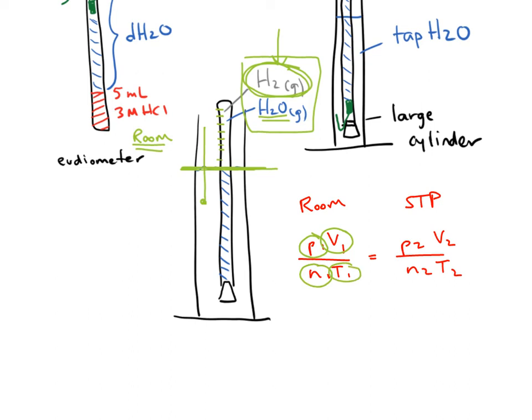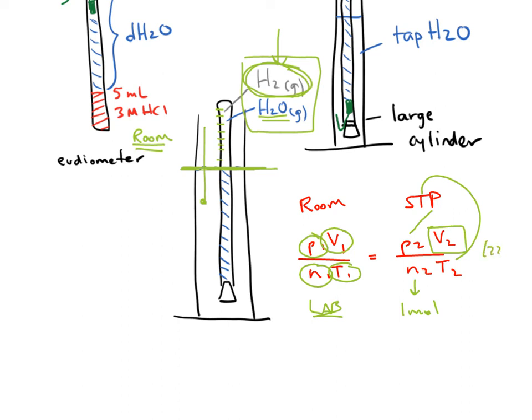And then let's talk about STP. You know that the pressure at STP is 1 atmosphere. You know that the temperature at STP is 0 degrees Celsius. You're going to do this for 1 mole of a gas. And you're going to look for what is the volume at that STP, which hopefully is going to be 22.4 liters. So you're hoping this is going to be 22.4 liters.